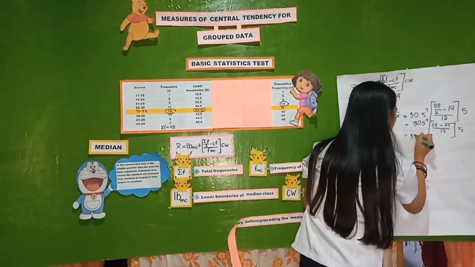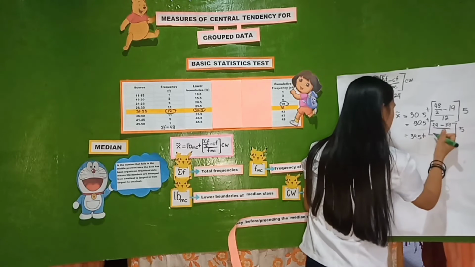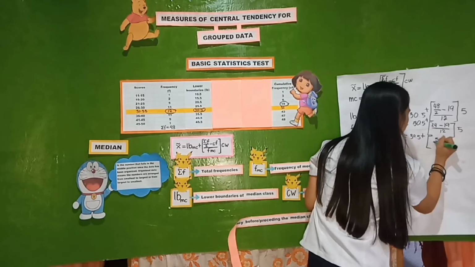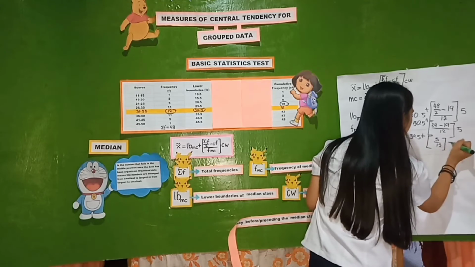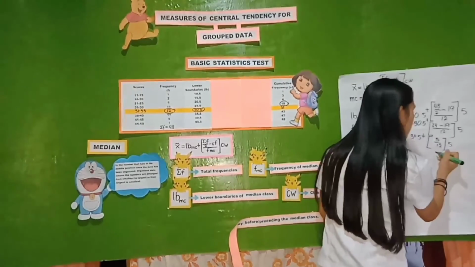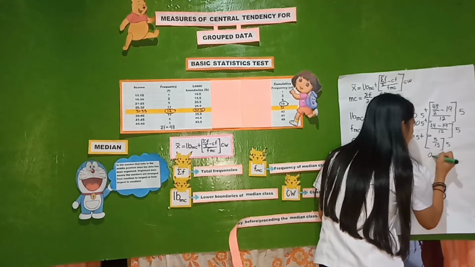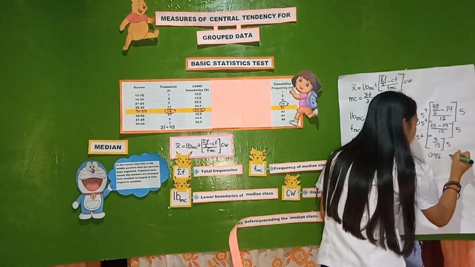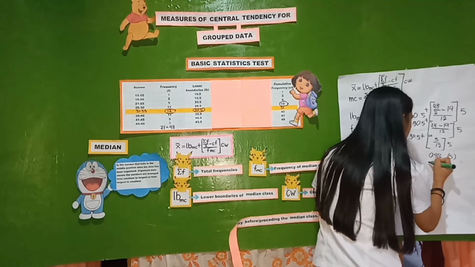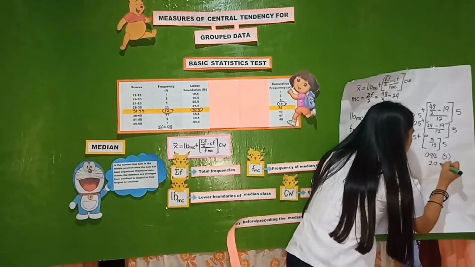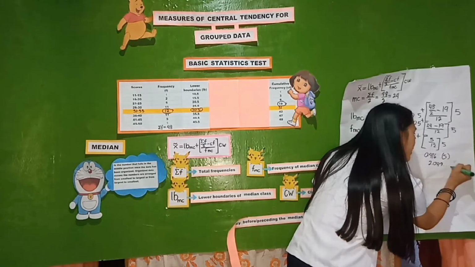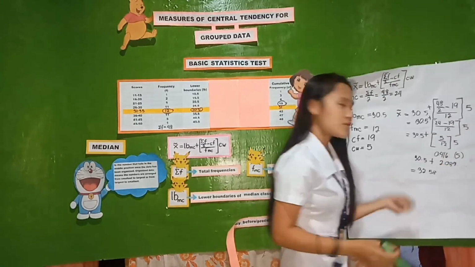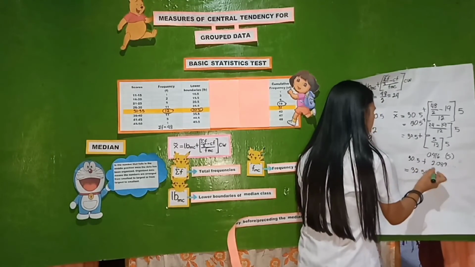Copy again the 30.5 plus 24 minus 19, 5 over 12 times 5. 5 over 12 equals 0.416 and so on, times 5 is equal to 2.083333 and so on. So plus 30.5, our median is 32.58.